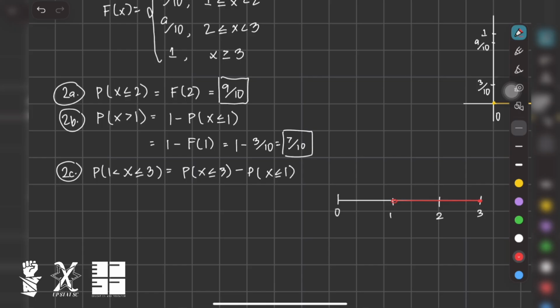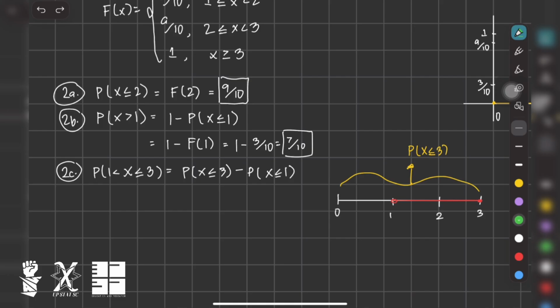Now, how can we break that down into two separate probabilities using the standard form of the cumulative distribution function, which is x is less than or equal to? First, we can write the probability that x is less than or equal to 3, because that takes up this whole part. Now, how do we remove this part?